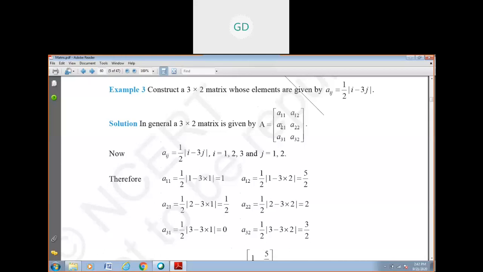Similarly, this element a21 means the element is lying in the second row and first column, so it is 2 1. This element a31 is lying in the third row and first column, so i is 3 and j is 1.